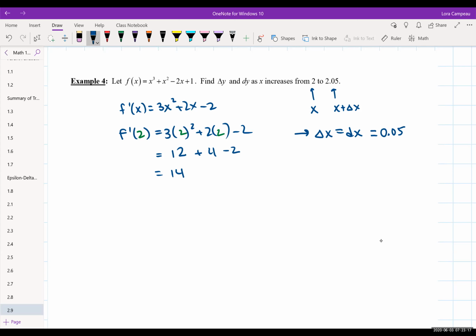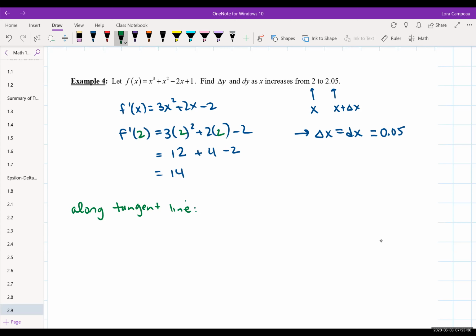So let's talk about what's happening at our tangent line, because we just defined the dy part. Let's go back and look at what's happening along the tangent line.